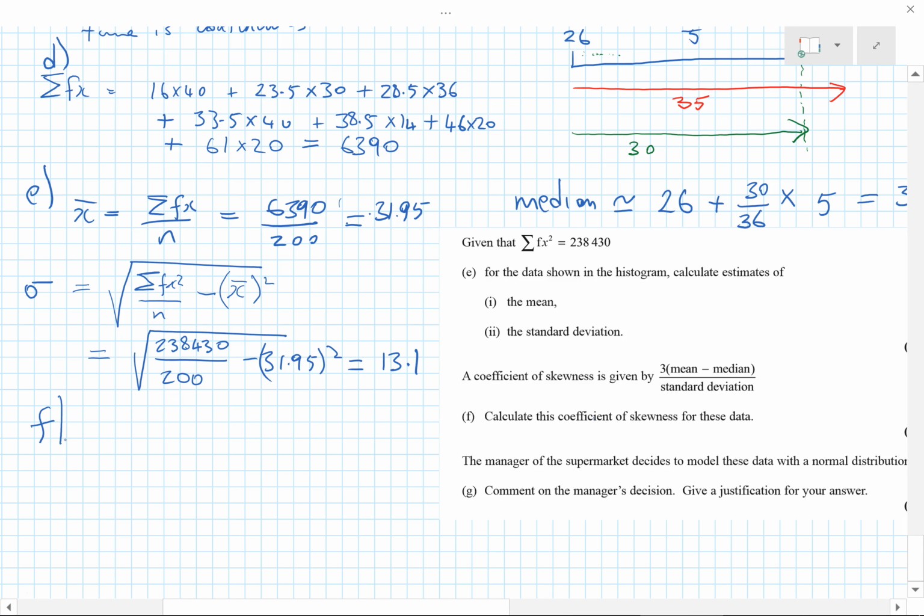Now, the answer here says, talk about, so let's just do it. Measure of skewness. So I do tend to lose my train of thought at some time.